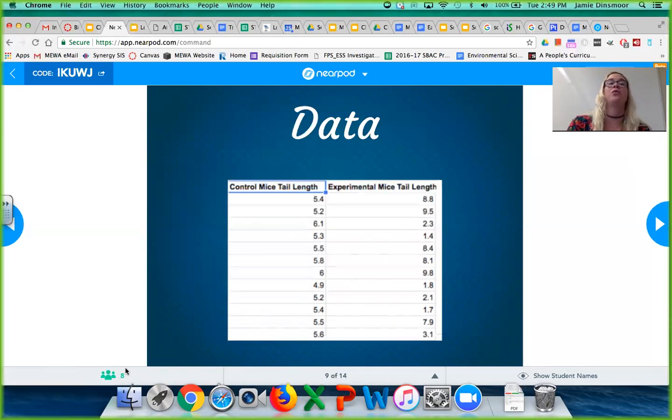Briley's gonna do the average for the control mice tails. And then we need 2 people to do the averaging for the experimental mice tails. Any volunteers for that one? I might have to select some people. Bonnie, could you help us out with averaging the experimental mice tails?